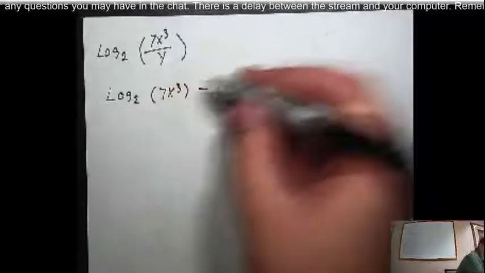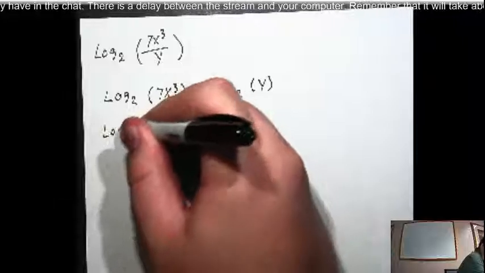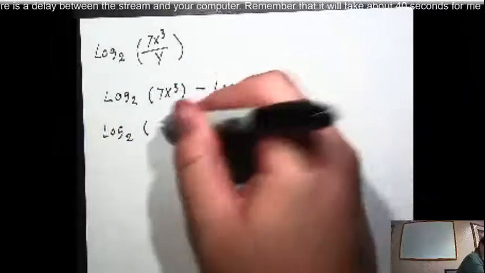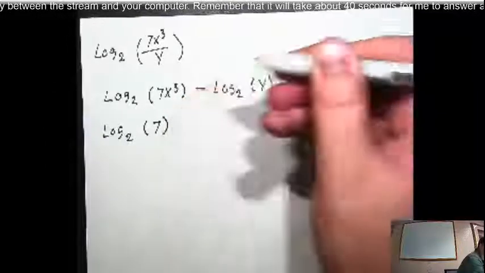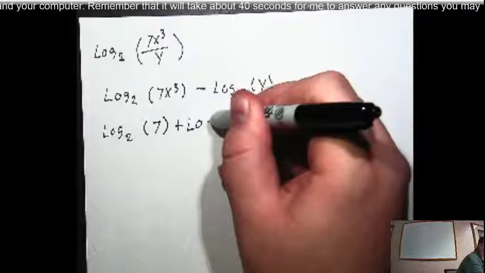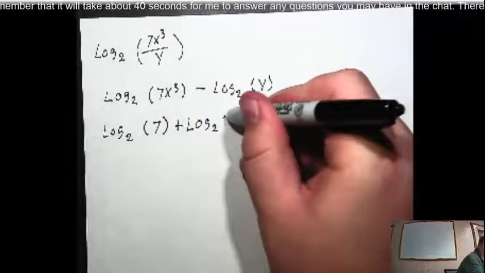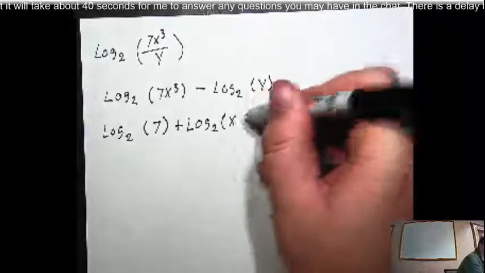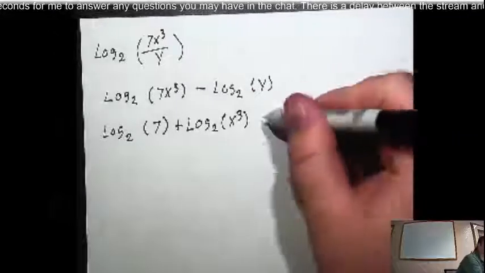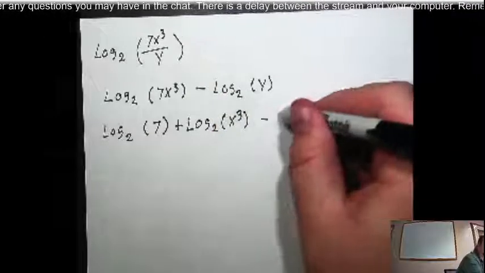So I'll split this up into two separate logs: log base 2 of 7 plus log base 2 of x to the third. And then, of course, I still have minus log base 2 of y.